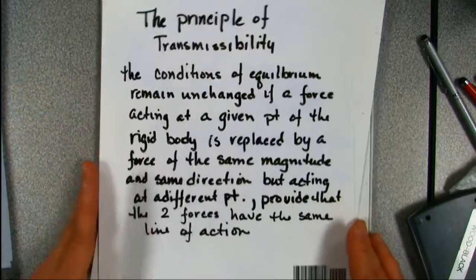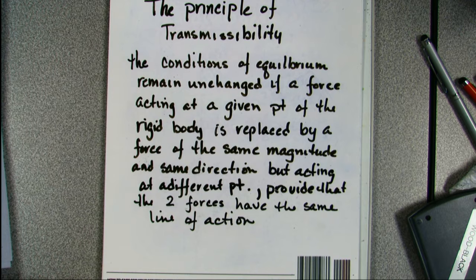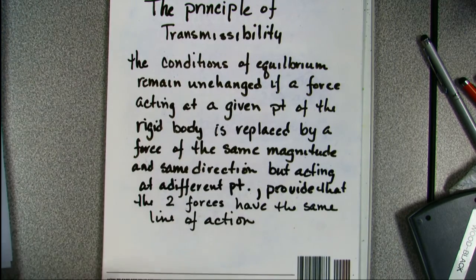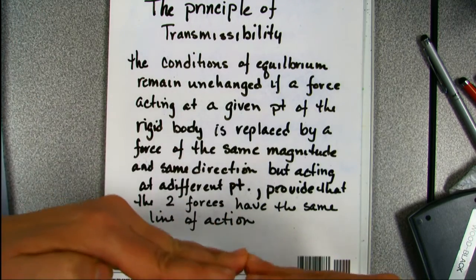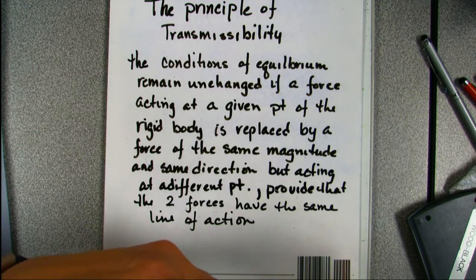So I can use this principle later on. It's not just for statics. The key is, as long as I'm pushing along this way or anywhere along this way, and the forces I'm dealing with are in the same line of action, I'm all right.